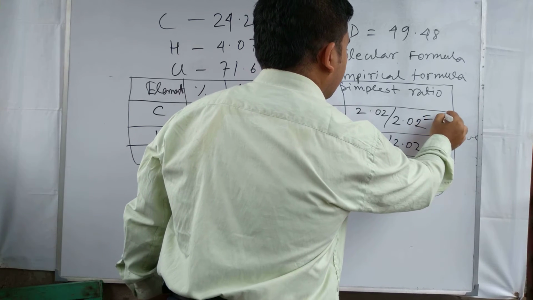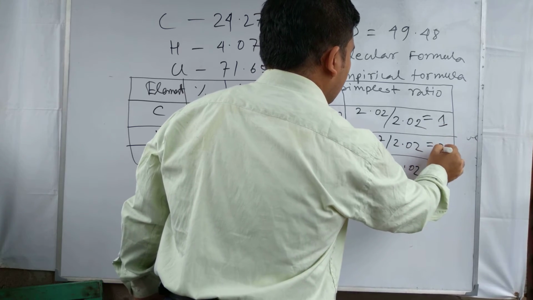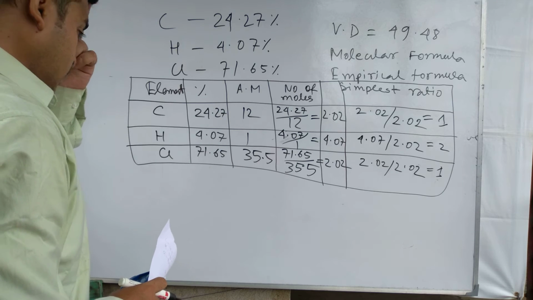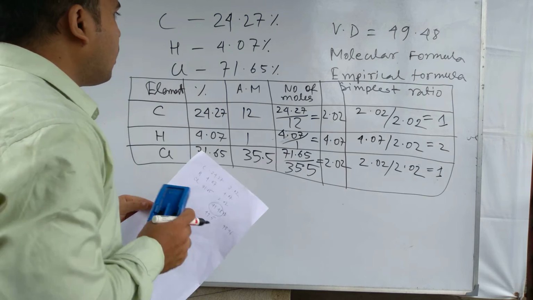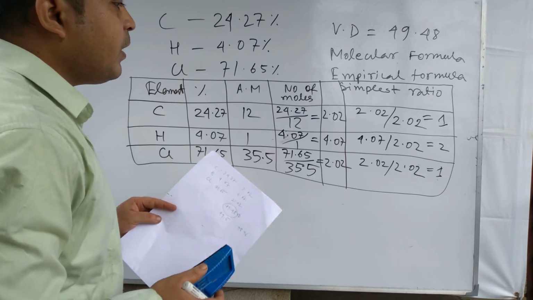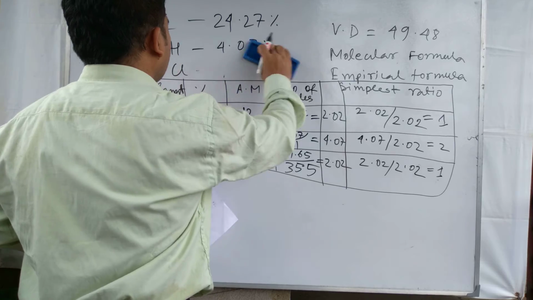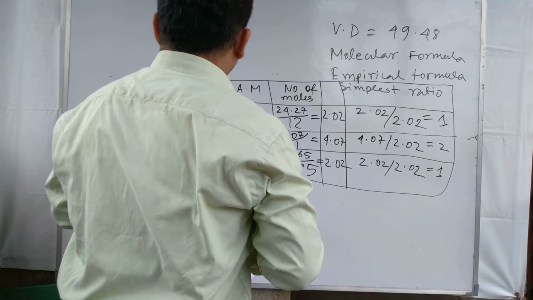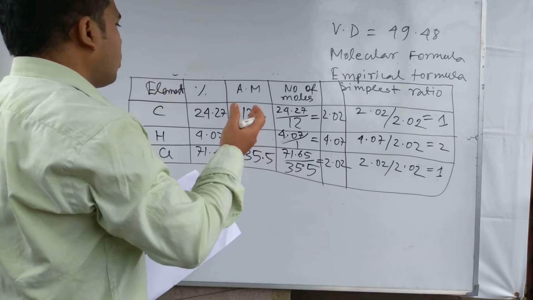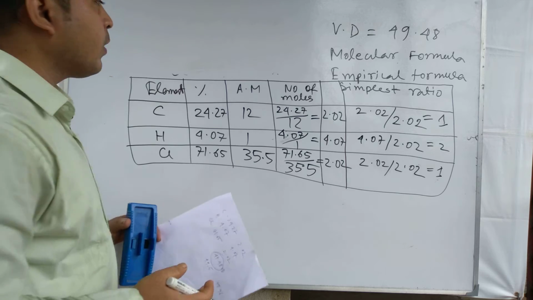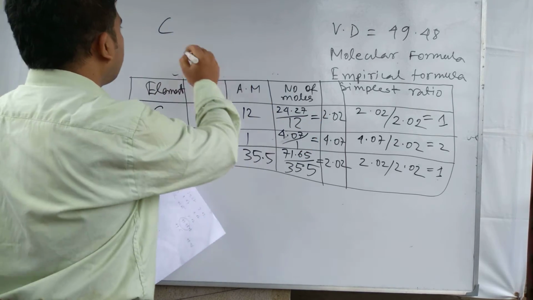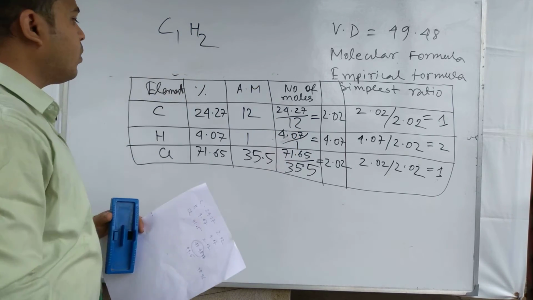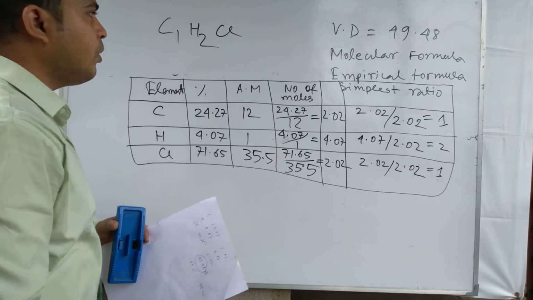So here exactly it is 1, it is 2, and it is 1. So therefore our empirical formula, because already we calculated the simplest ratio of the elements carbon, hydrogen, and chlorine, and this simplest ratio is carbon 1, hydrogen 2, and chlorine 1.